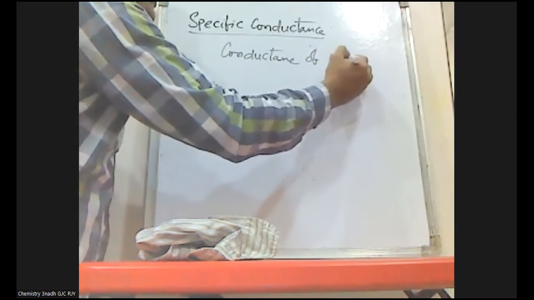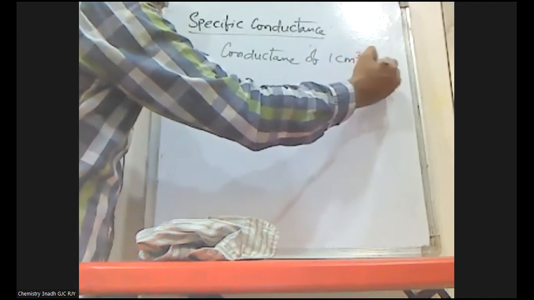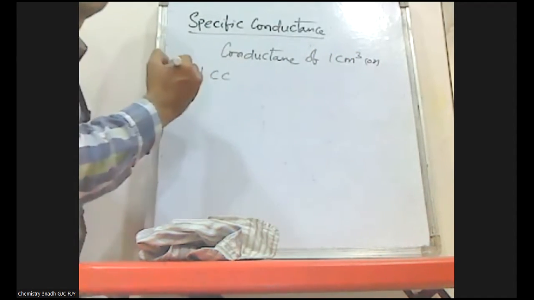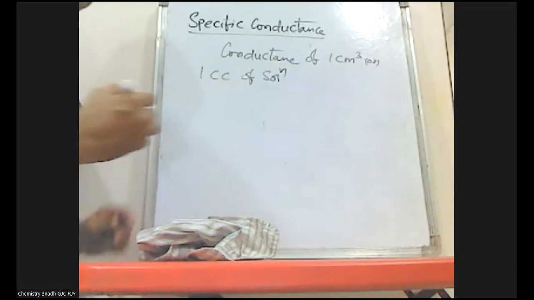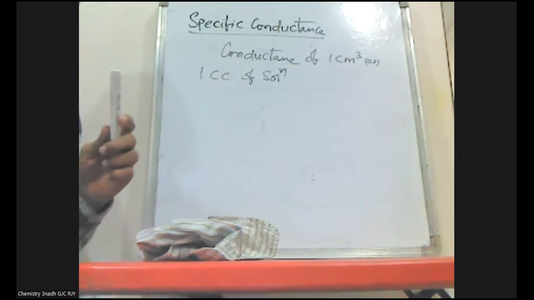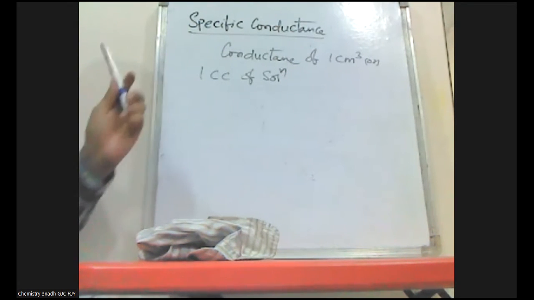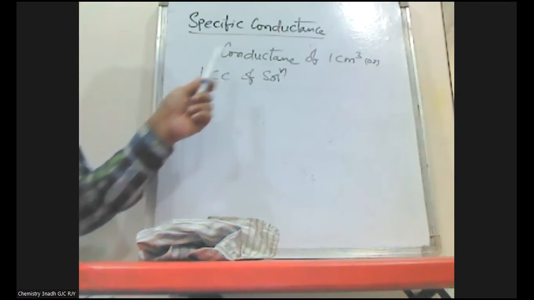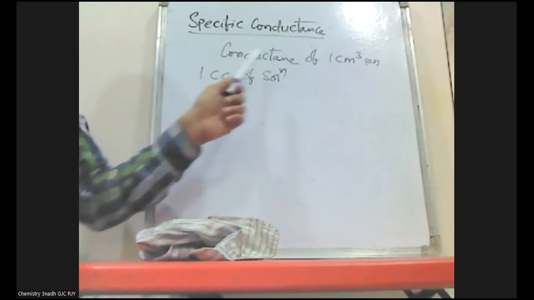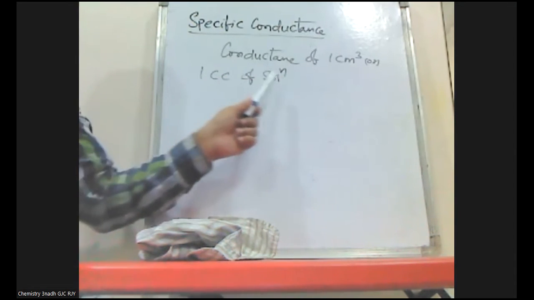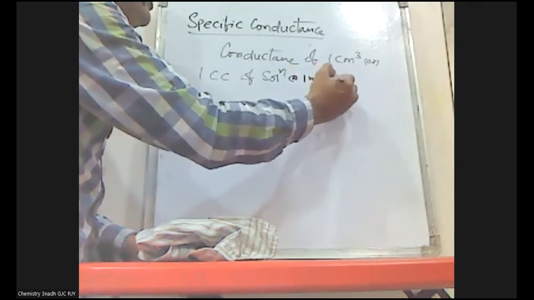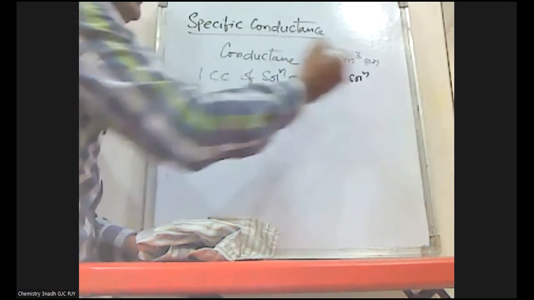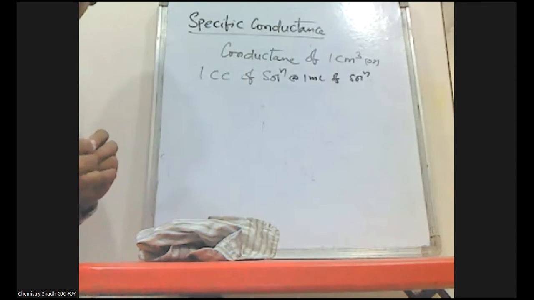Specific conductance is the conductance of 1 centimeter cube, or 1 cc, of solution. We can say 1 ml also. 1 ml of solution, we call it the specific conductance.